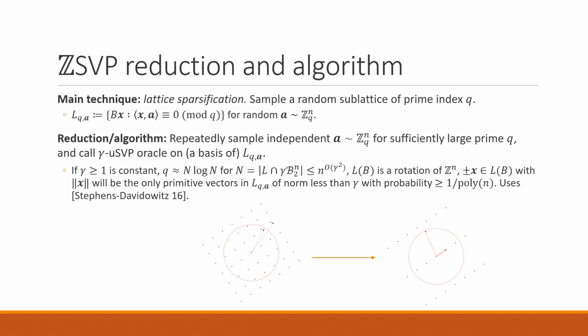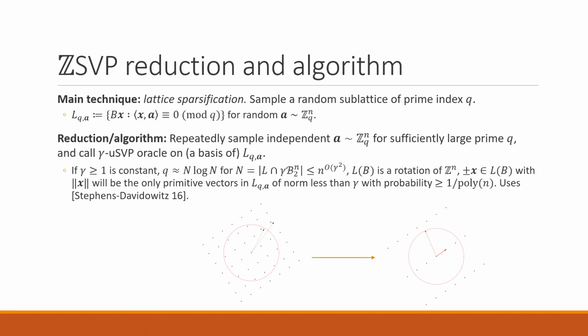If you check parameters and plug in known results, then in fact, for any constant gamma, if you set parameters correctly, you can get this to happen with noticeable probability. So you only need to iterate this process a polynomial number of times. The overall cost for our algorithm consists of a polynomial number of calls to a gamma USVP oracle, which we can instantiate with known results and get a 2 to the n over 2 time algorithm overall.